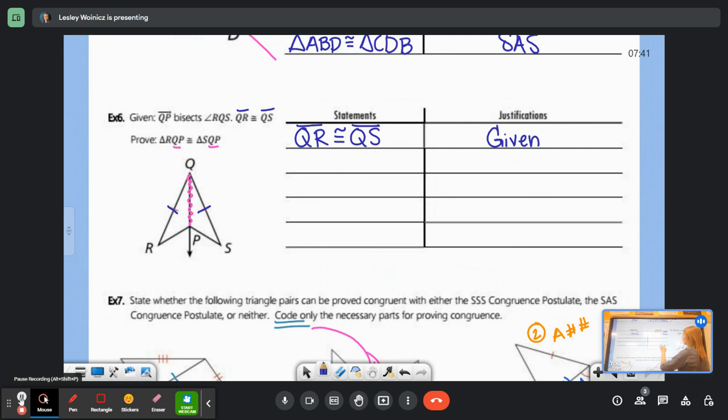We got typos today. All right, so we know that segment QP is congruent to itself. QP, congruent to itself, QP. That is our reflexive property of congruence.